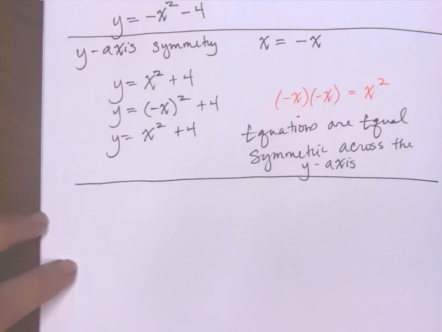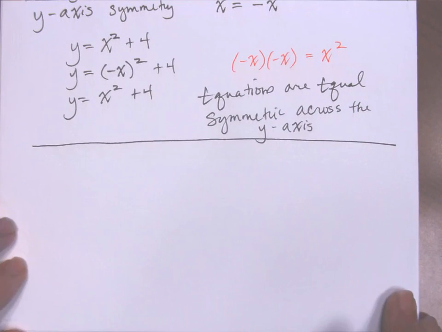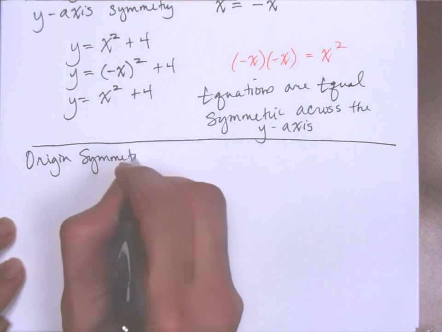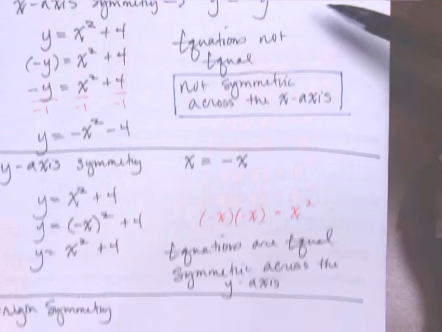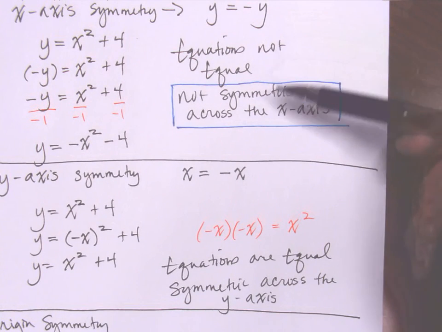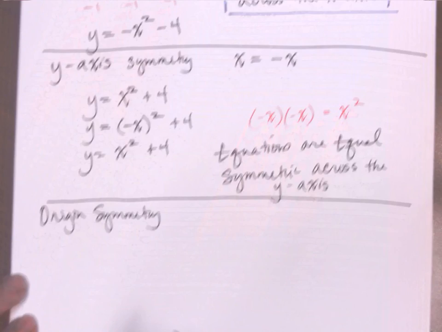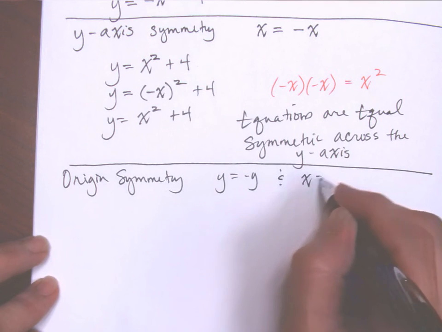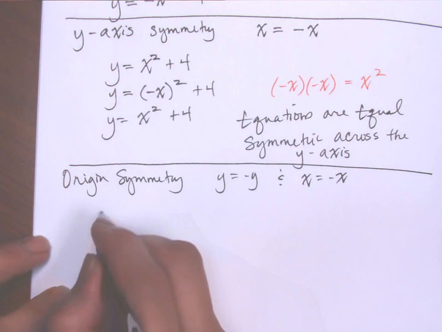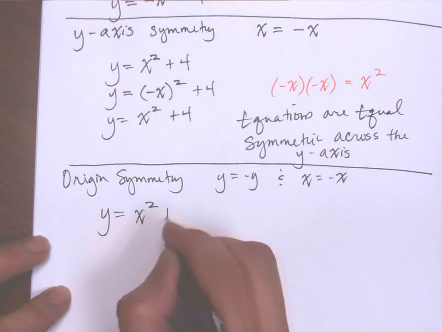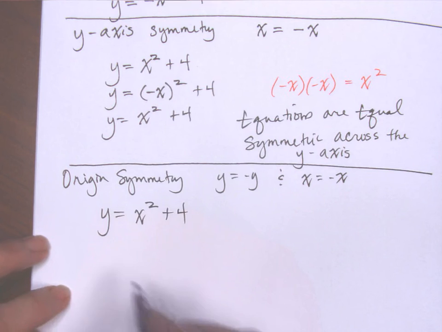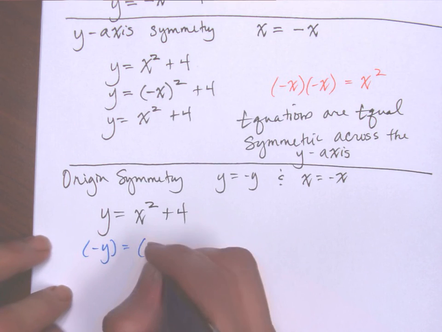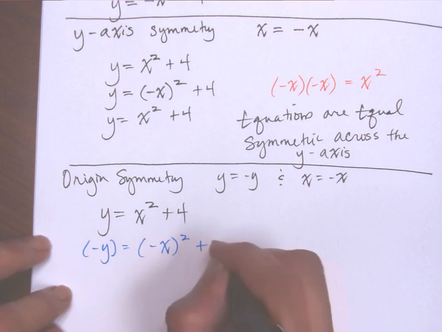We have one more test for symmetry, and that is symmetry across the origin. That means I'm going to do y equals negative y and x equals negative x at the exact same time. So my equation is y equals x squared plus 4. Making these replacements, I've got negative y equals negative x squared plus 4.